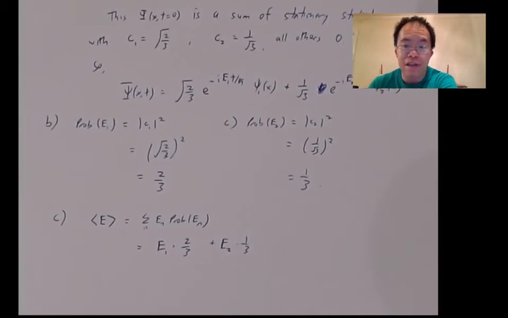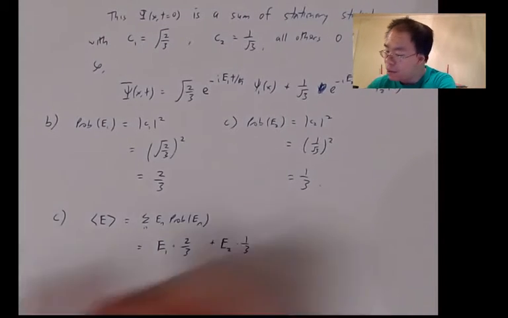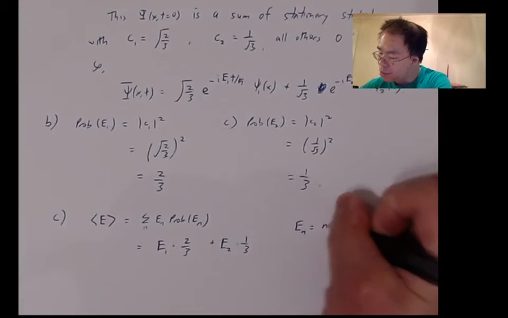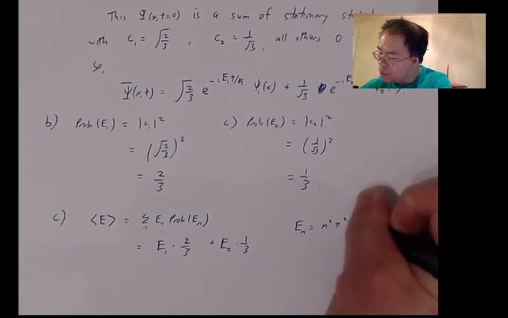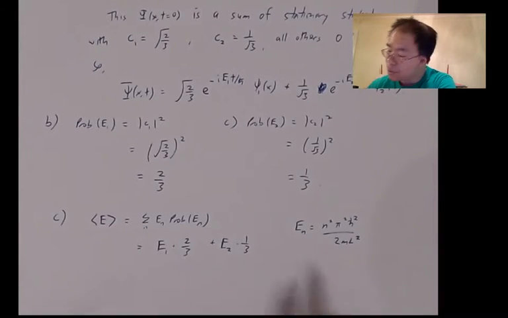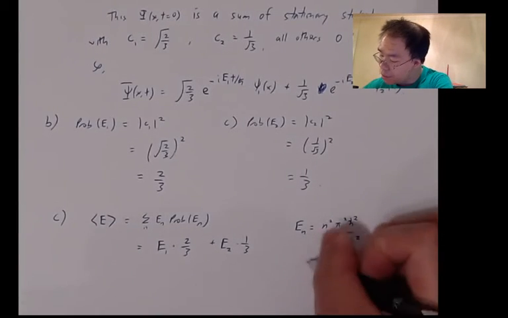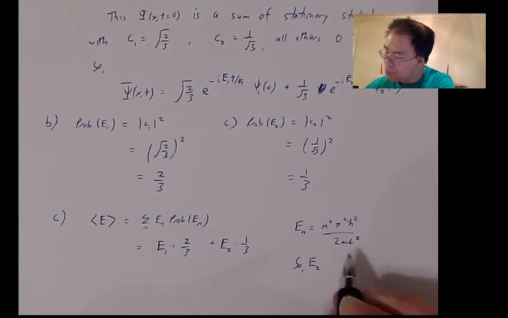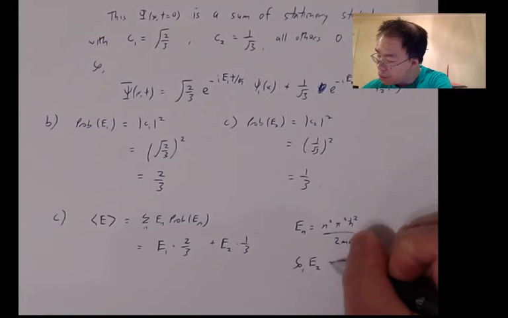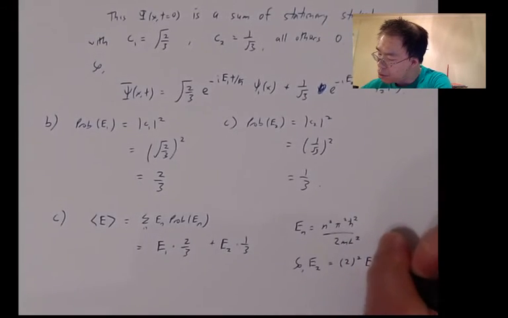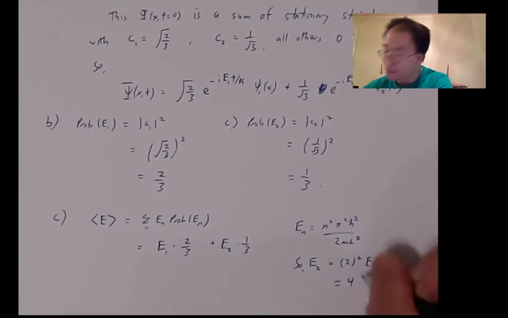Now the question asks us to write everything in terms of E1. Remember that E sub n equals n squared pi squared h bar squared over 2m L squared. Because of this n squared dependence, notice that E2 is going to be 2 squared times E1, or 4 E1.